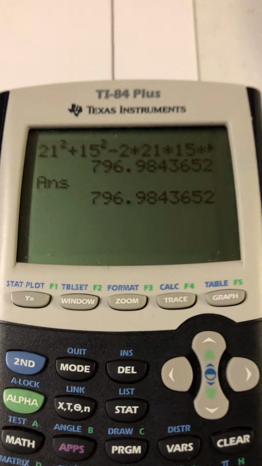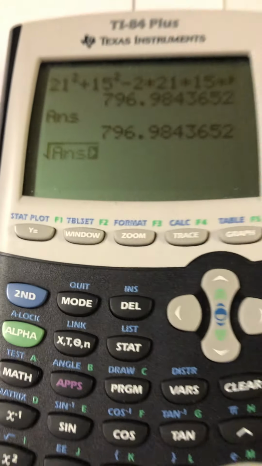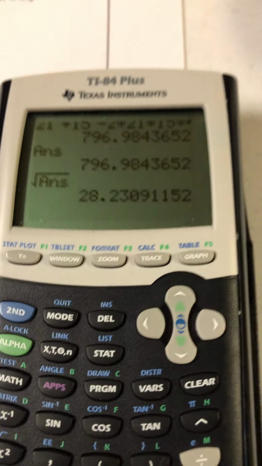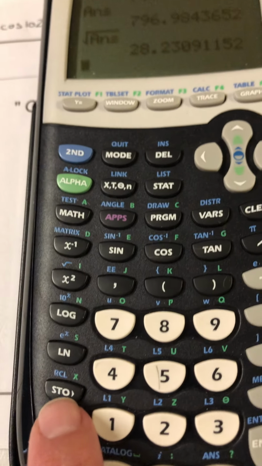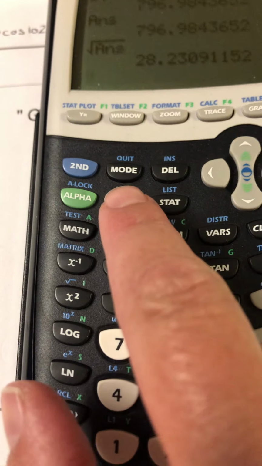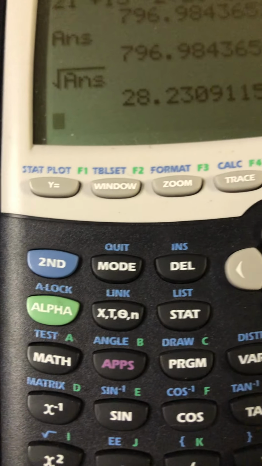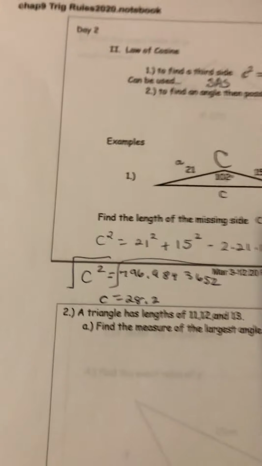There's the number, stored right there. So second x squared, second ANS. It takes that answer and substitutes it in, and voila. Some people like storing. There's your store button, and you pick the X variable button. That works wonders too. And now I can round to 3 sig figs, since they didn't tell me anything else, the answer would be 28.2. So side C is 28.2 units.